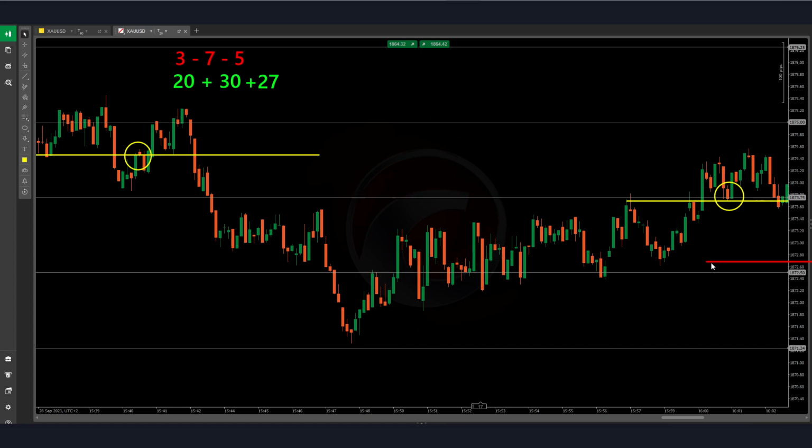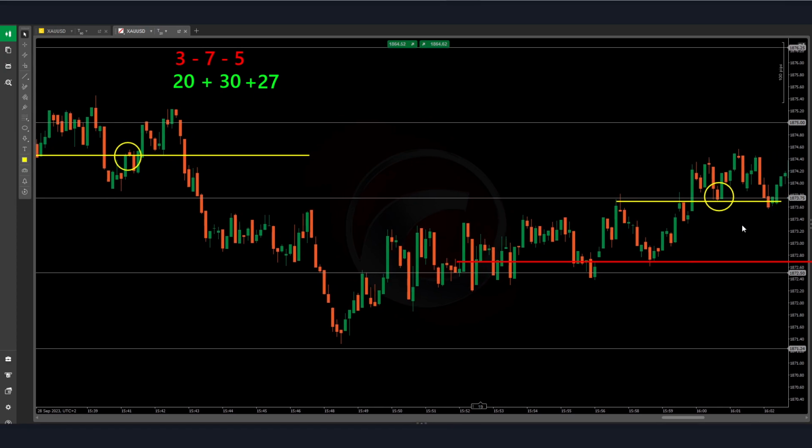If I see now a bullish movement, a bullish impulse and momentum, then in this case, I will move my stop loss below these lows. For example, let's see now what the price action is doing.